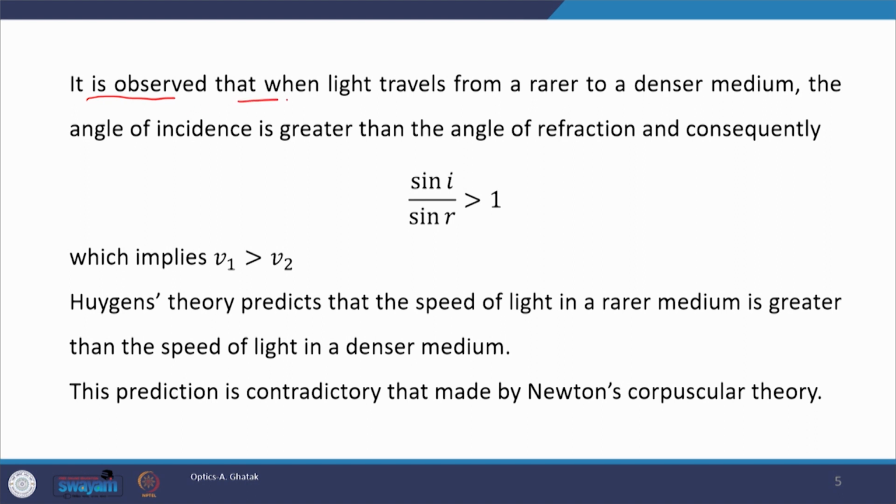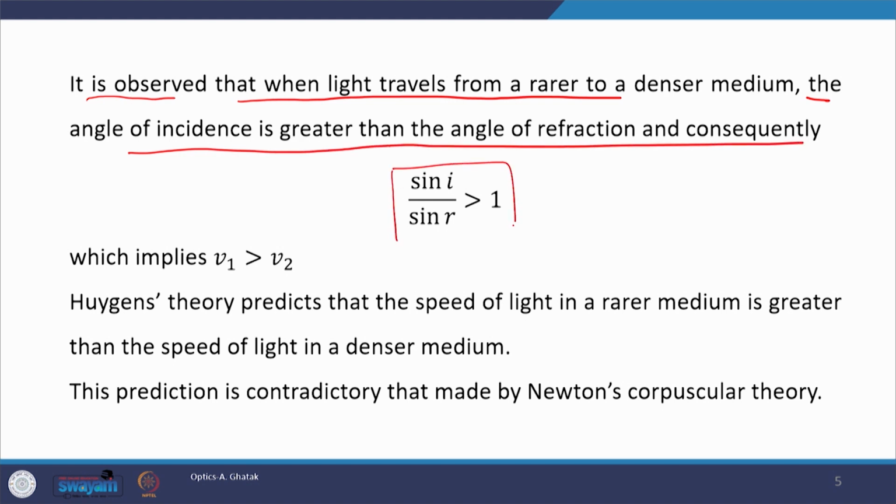This is true for a case when light is traveling from rarer medium to the denser medium. Opposite would be true for the case when light travels from denser to rarer medium, and therefore the angle of incidence would be larger than the angle of refraction, and consequently sin i would be larger than sin r, which implies that V1 is larger than V2.